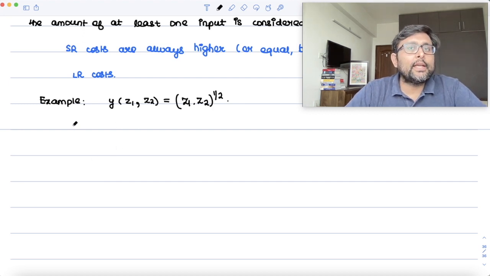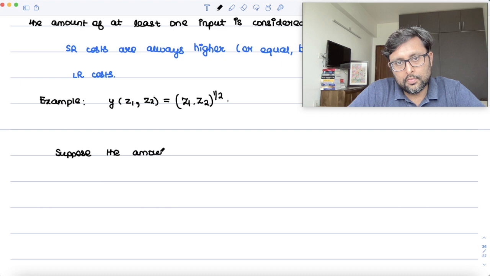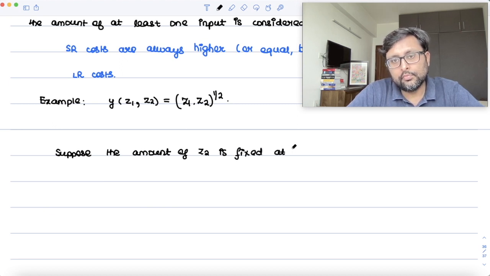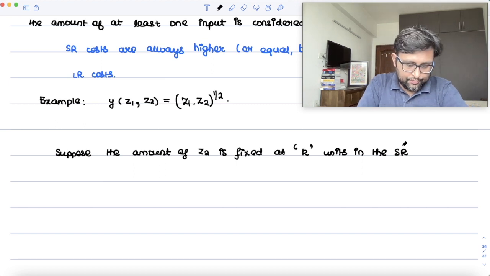Suppose the amount of the second input, Z2, is fixed at, let's say, K units in the short run.